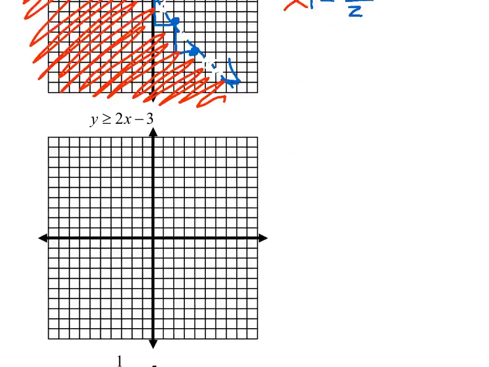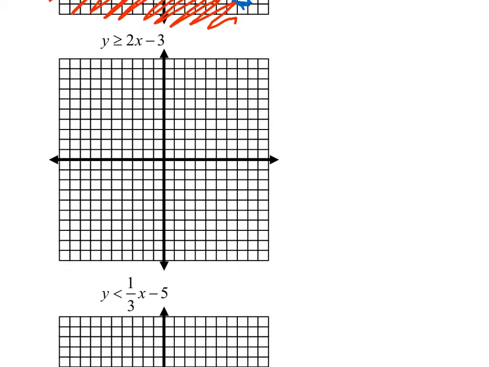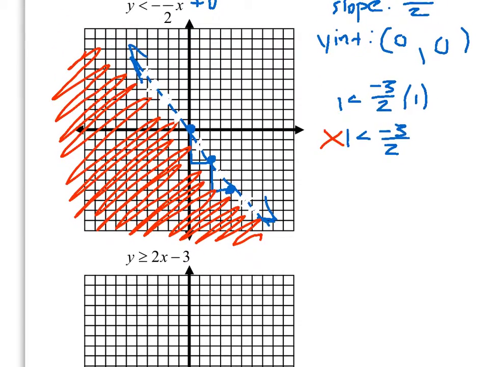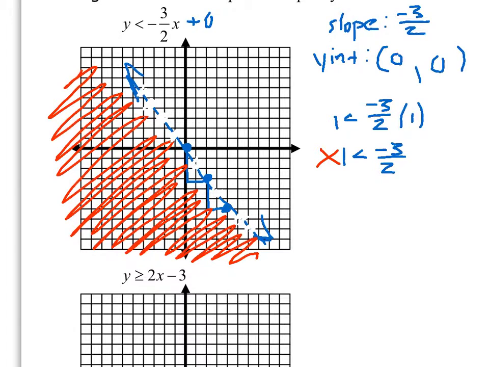All right, so let's look at the next one. Yes? So the open one is the one that is not part of the problem. So the reason we chose this point over here, 1, 1, and plugged it into our original inequality, was that we got 1 less than negative 3 halves.